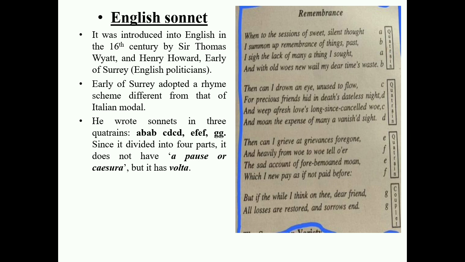So here you can see, since it is not divided into 2 parts, it does not have a pause or caesura, where you cannot end with a particular part 1 as in the Italian sonnet. So we do not have a pause or caesura in the English sonnet, but it has a volta. Volta means a turn in your thought, meaning you can find the change of your mood. Okay.